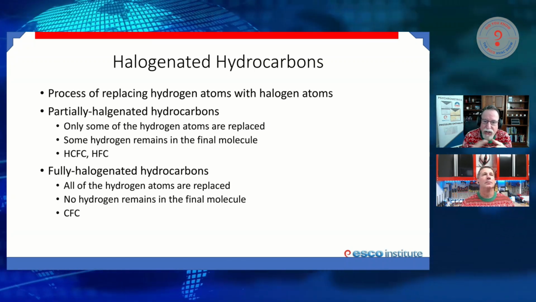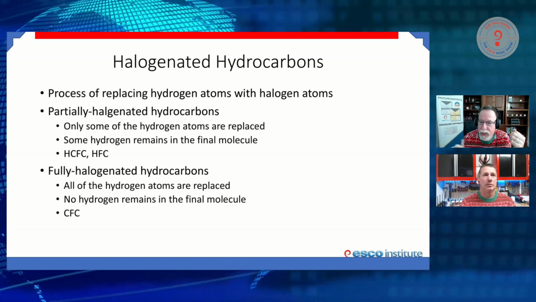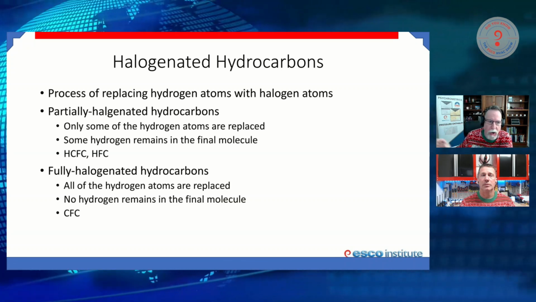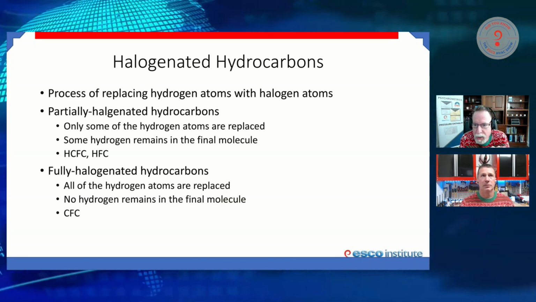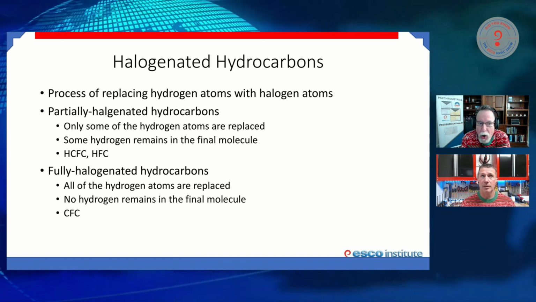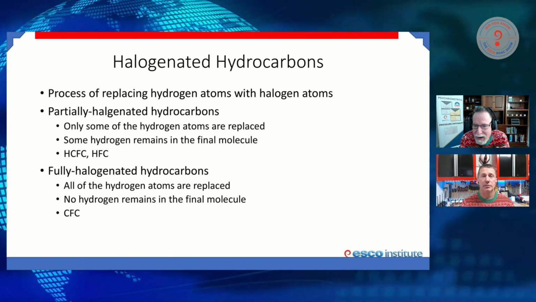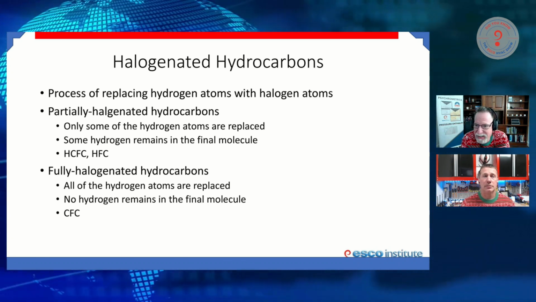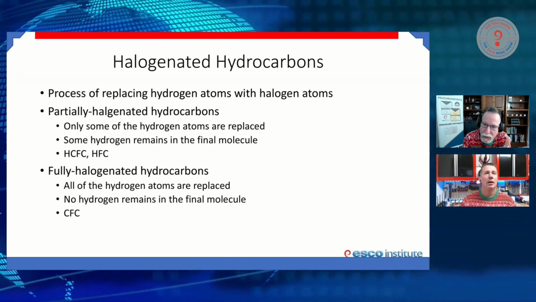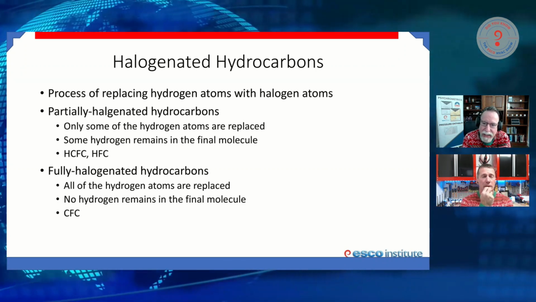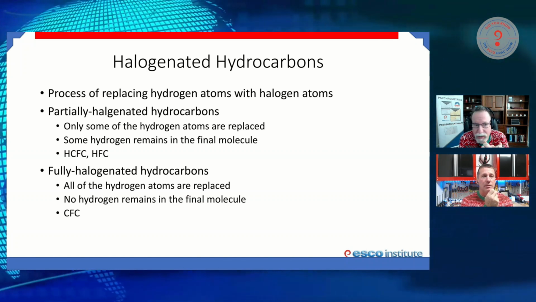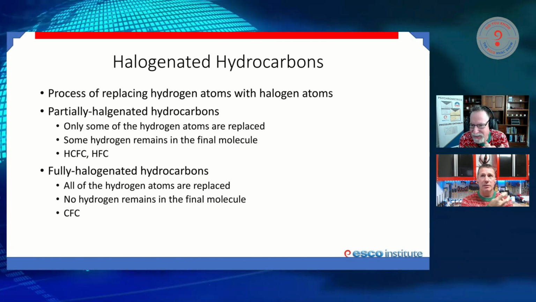So if we look at our HFC refrigerants or our HCFC refrigerants, the fact that they're hydrochlorofluorocarbons or hydrofluorocarbons means that they still have hydrogen. So they're only partially halogenated. Whereas if we look at a CFC, there's no hydrogen in a CFC. It's a chlorofluorocarbon, which means that hydrocarbon has been fully halogenated because we replaced all of the hydrogens.